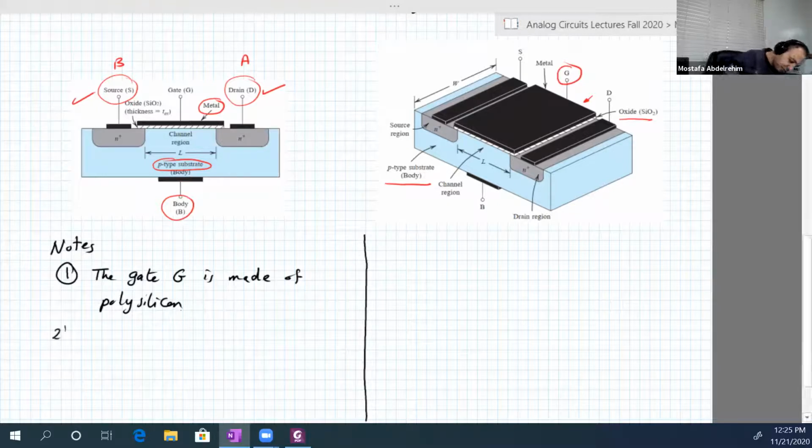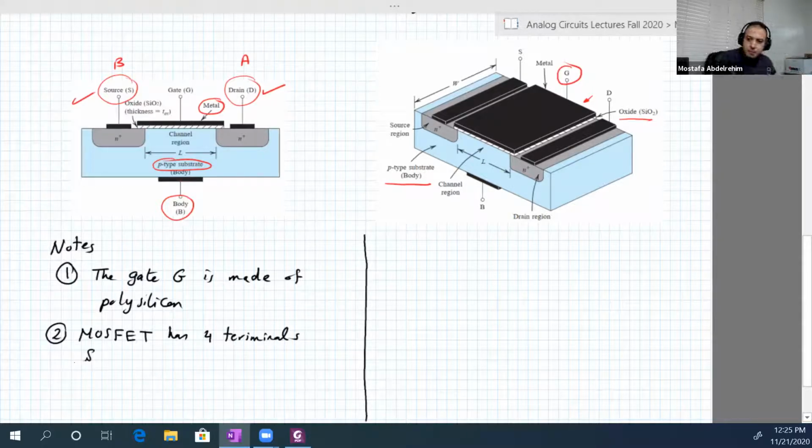Number two, the MOSFET has 4 terminals. The source, the drain, the gate, and the bulk, or the substrate, the P-type substrate.